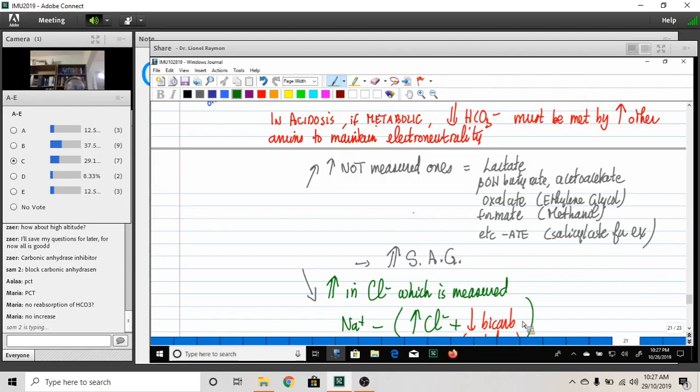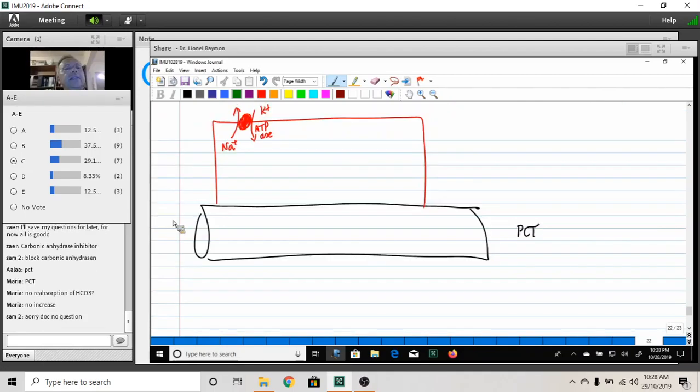And it's thanks to this that any filtered sodium is going to be able to be transported. Now, of course, a major way that sodium is going to be transported is in exchange for proton, what we call the sodium proton antiport.